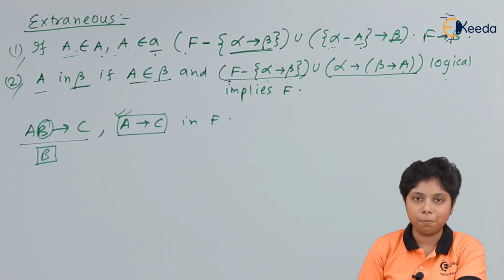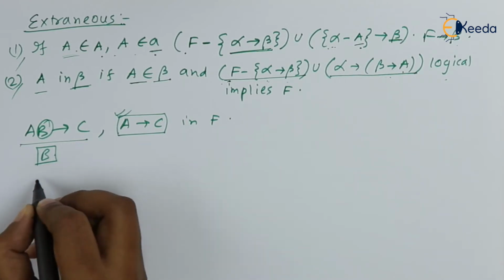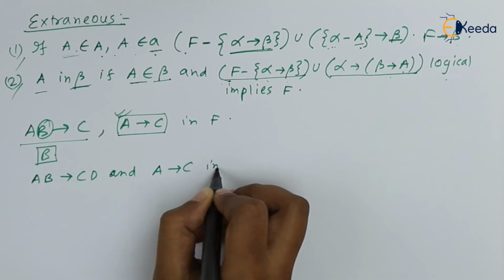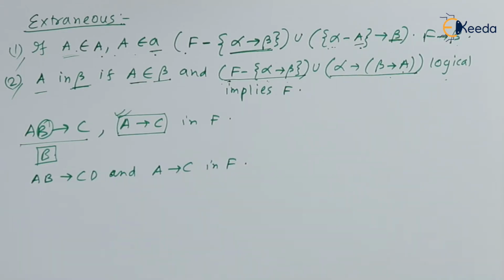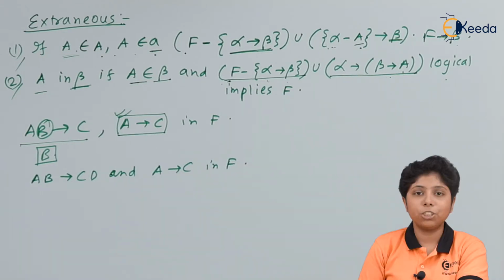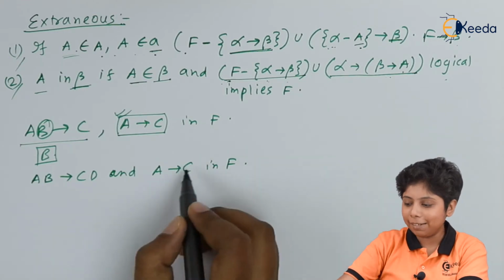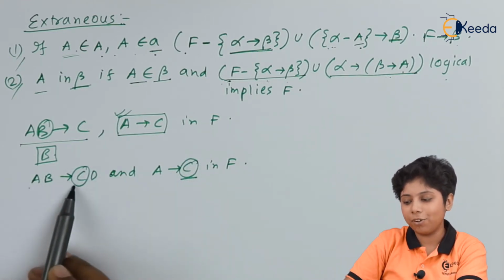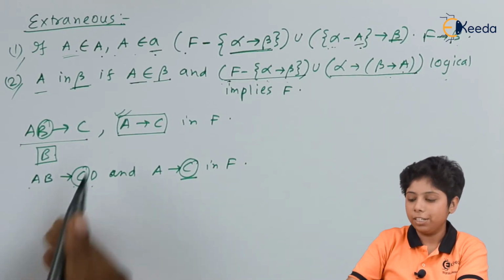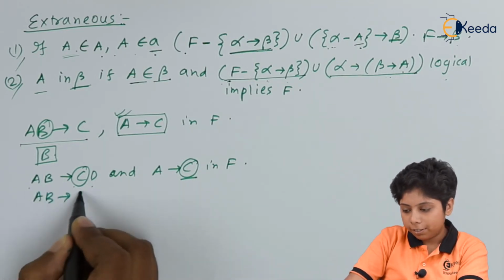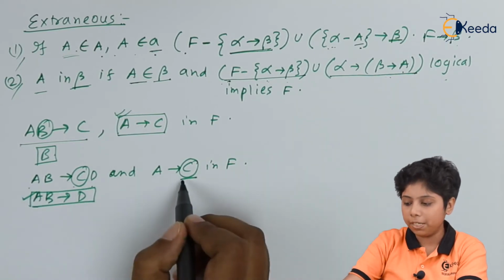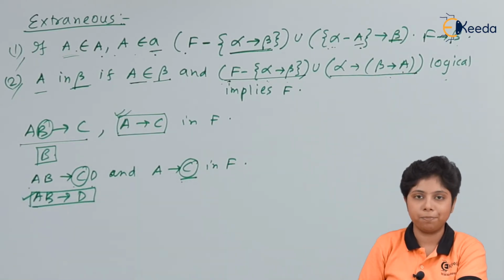In another example, C becomes an extraneous attribute because A already defines D. So AB defines D is more than enough to define the relation, where C is extraneous.